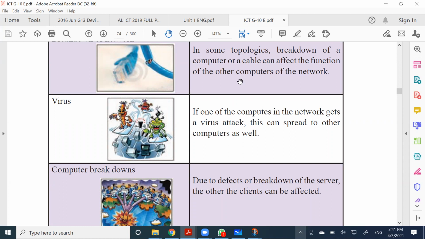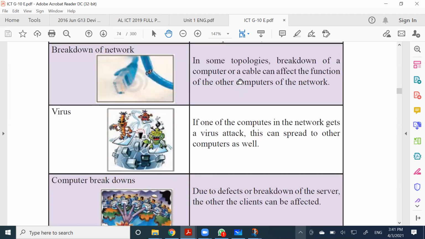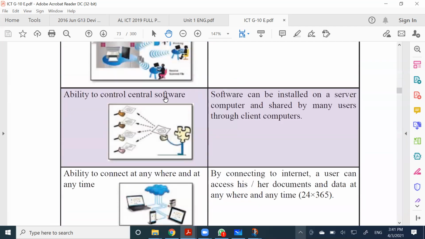And network breakdowns, which is not a very good thing. The problem comes when the server computer breaks down. In the benefits, you remember this particular benefit, the ability to control central software. So there should be a server computer which has all the applications and serves those to the client computers.